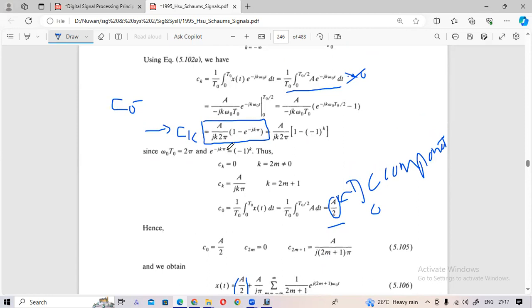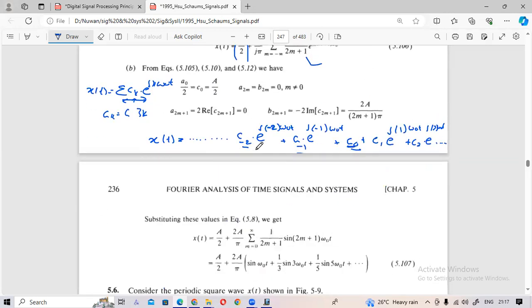For example, if you need to find C₁, here k is 1, so likewise you can calculate the C₁ value. So you can expand, and you can see that this x(t) is written as a collection of complex exponential terms.